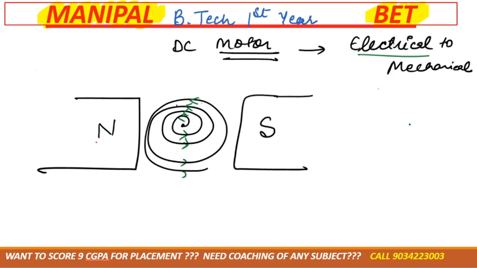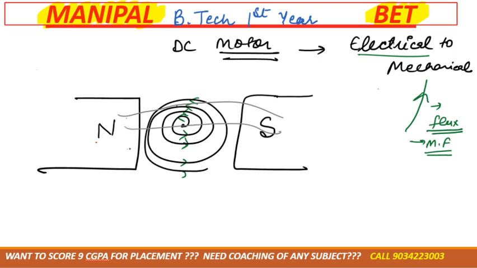Now see, if there is current in the wire, then magnetic flux is generated. As you can see, there is a north and south pole, and magnetic lines must flow between north and south. There are magnetic lines from the magnet, and the current in the wire also produces a magnetic field.